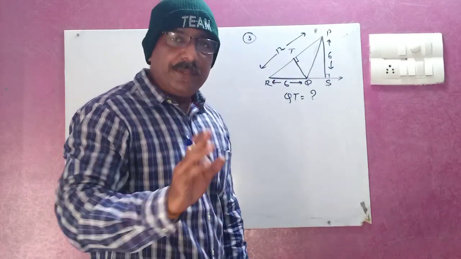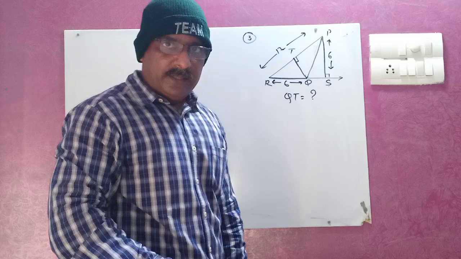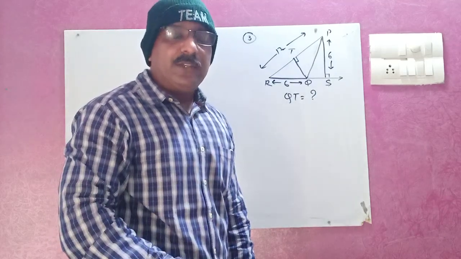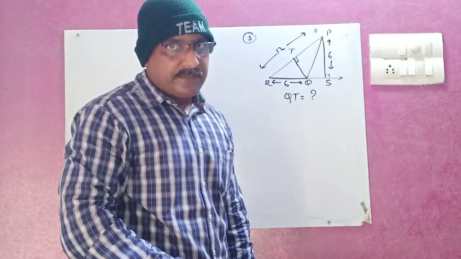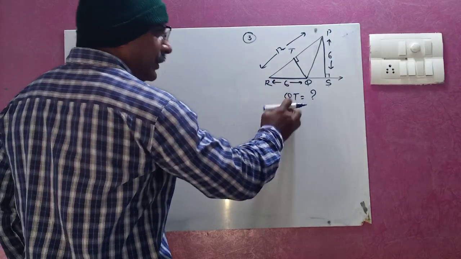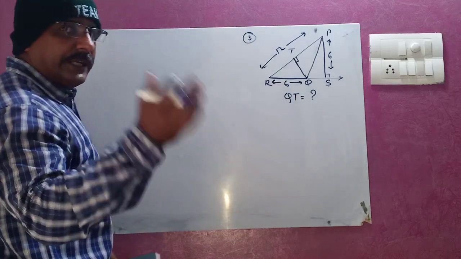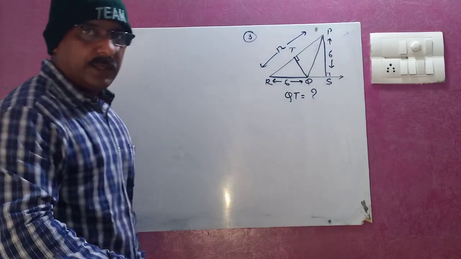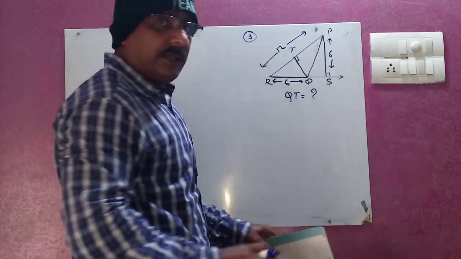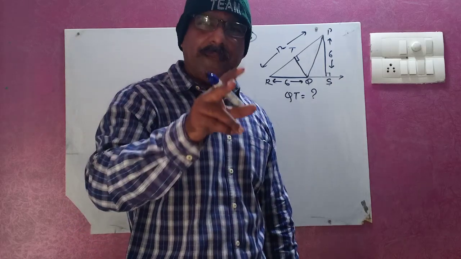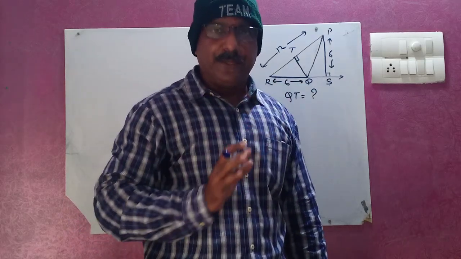Got it? It means we have one triangle which has two different bases and two different heights. So, to find QT, you need to find the area of triangle PQR two times by taking different bases and different heights.